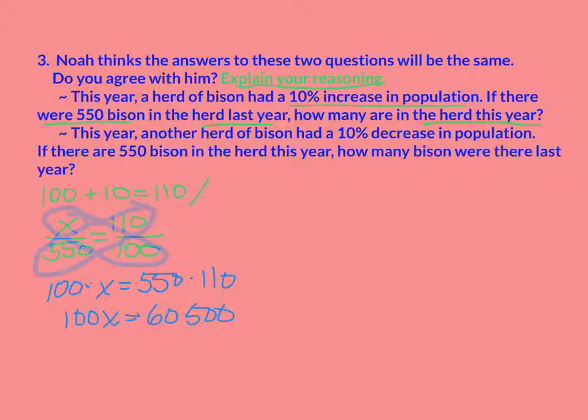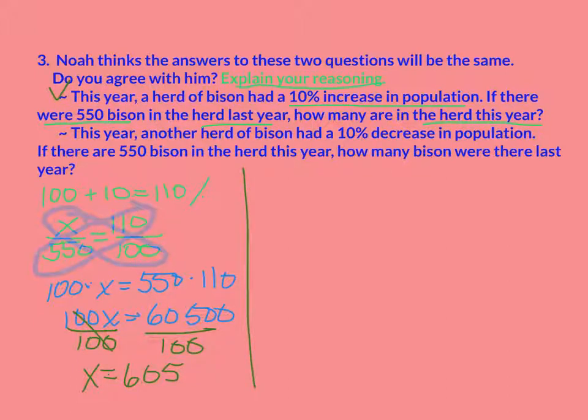I divide both of those by 100 because that is what we're multiplying by. And I find out on this side, those are supposed to be zeros. Let me fix that. Sorry about that. Oh, that's much better. These two cancel out, and I'm left with X equals 605. Okay, so that's my first one.